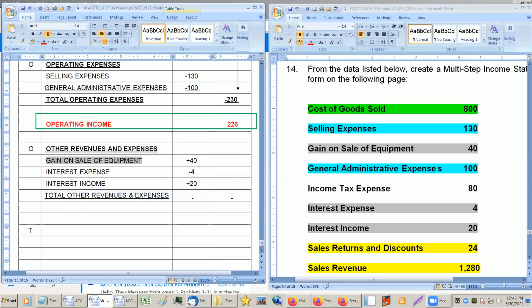So 40 minus 4 plus 20, plus 56. And this will give us our income before taxes.